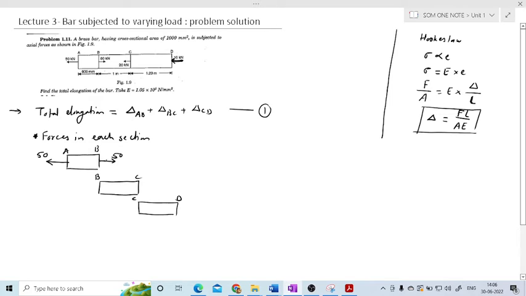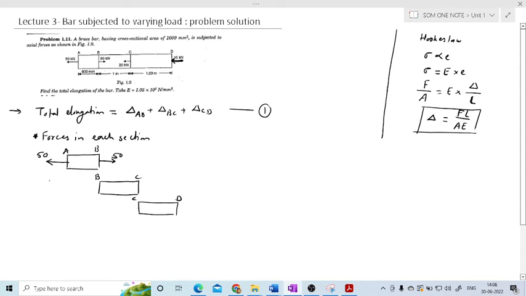Now if you see your main figure and the forces that we are writing here, we have split this B section into two, the first B and the second B. If I add this force and this force, the total will be equal to what is given in the problem.